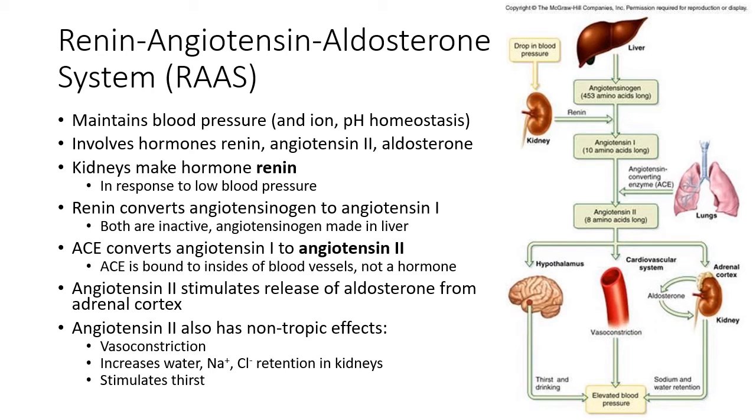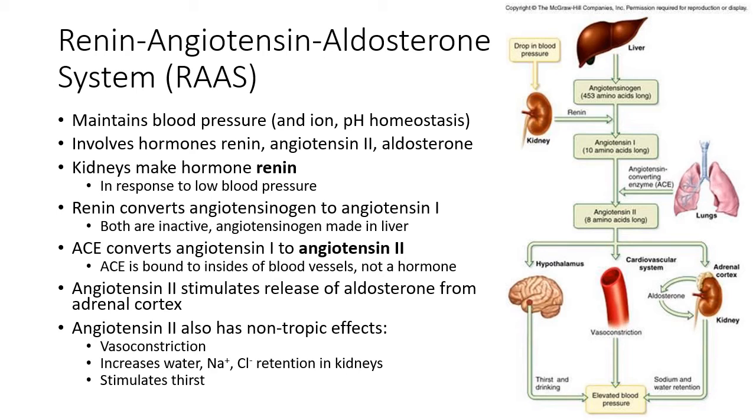Angiotensin 2 has some effects. One of its effects is a tropic effect. It causes aldosterone to be released from the adrenal cortex. So aldosterone can be synthesized in response to ACTH from the anterior pituitary, but it could also be synthesized in response to angiotensin 2 as part of the RAAS.